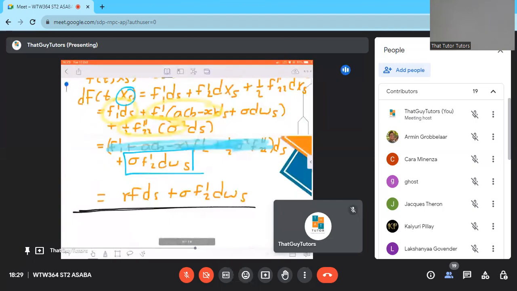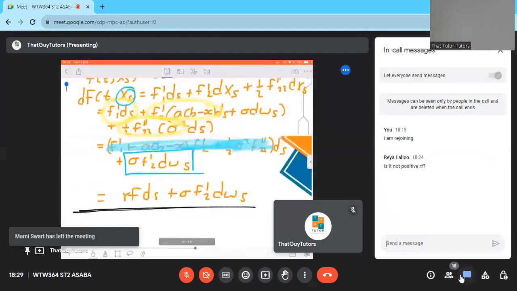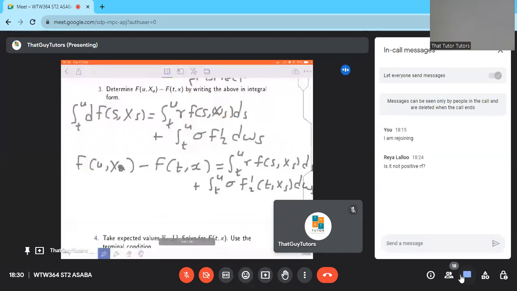Someone, I forgot their name, said that it is indeed positive. So you do need to take it to the other side, and f is a function of x, not w. Okay, we're going to go to the next step, if there's no question.